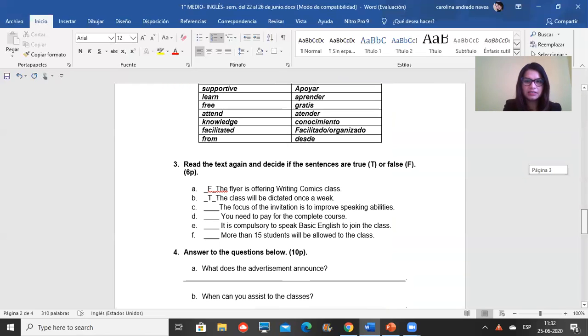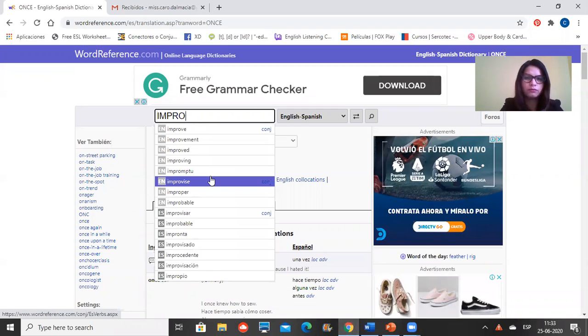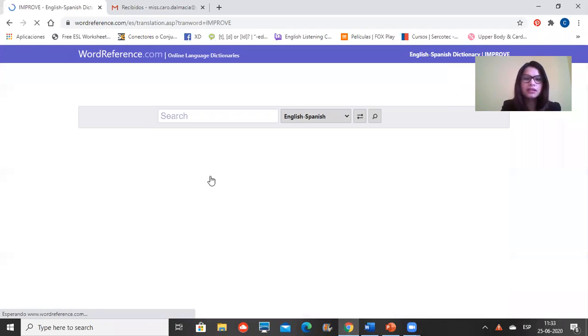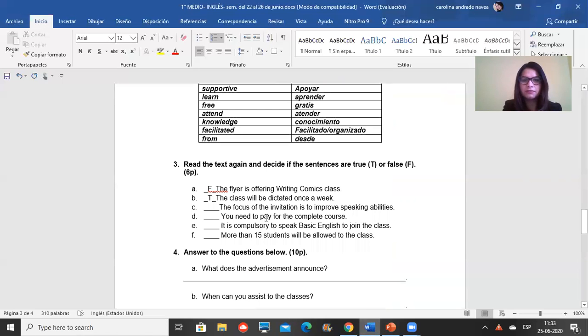Okay, then it says, the focus of the invitation is to improve speaking abilities. What is to improve? I'm not sure. Let's see. Improve, mejorar. Okay, the focus of the invitation is to mejorar speaking, the talking abilities.